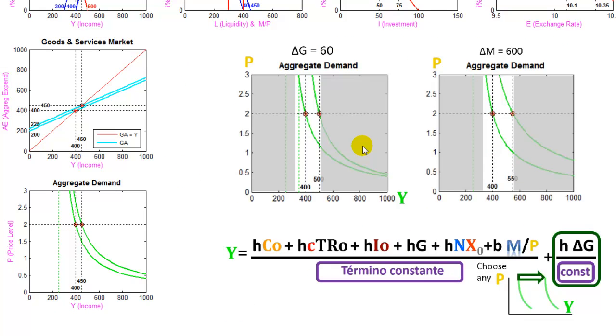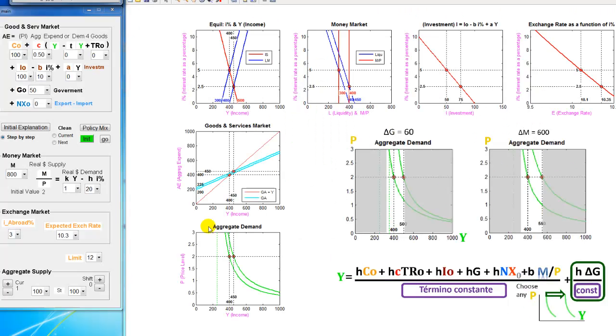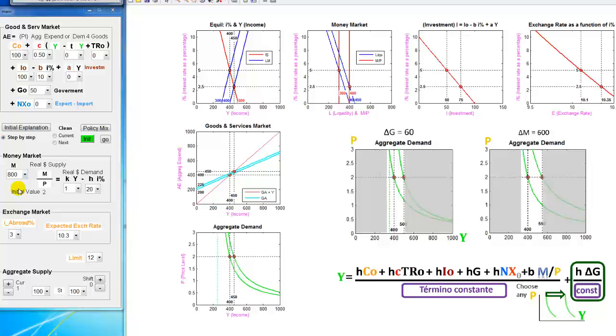Because in this example we use an increment of M of 600, quite big, to see this effect, whereas in our example we passed from 600 to 800, so the increment was just 200, and here we have 3 times more. So that's why you don't see by the naked eye that the shift is not parallel. But if we do the same using this increase, then you will see the effect.